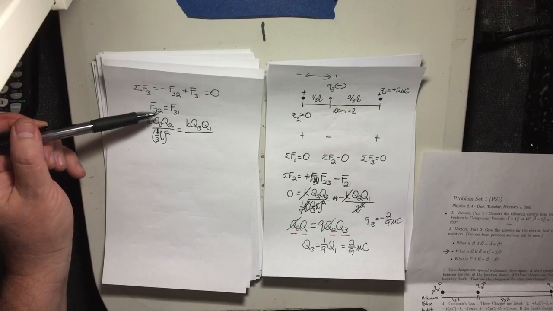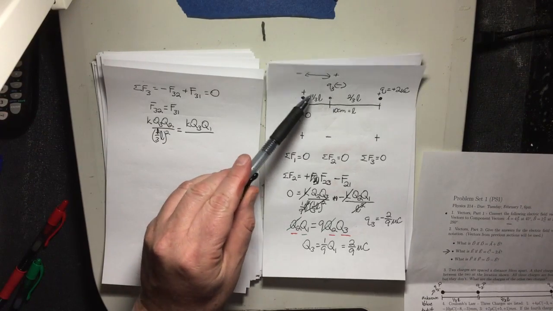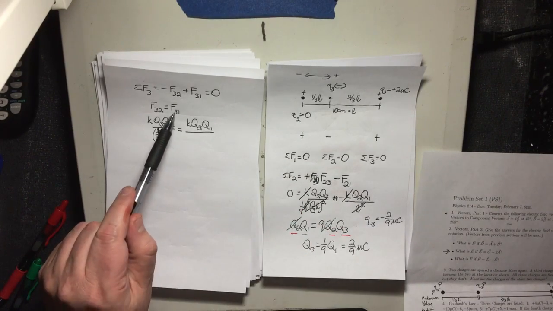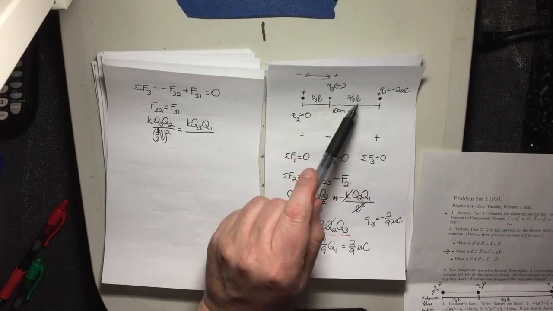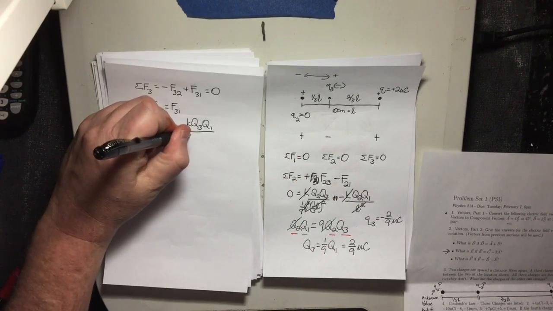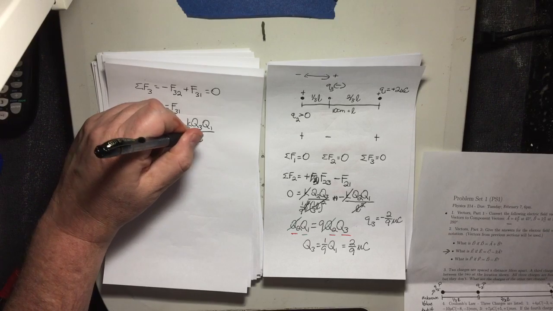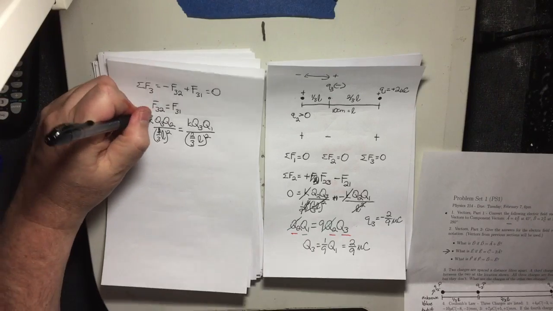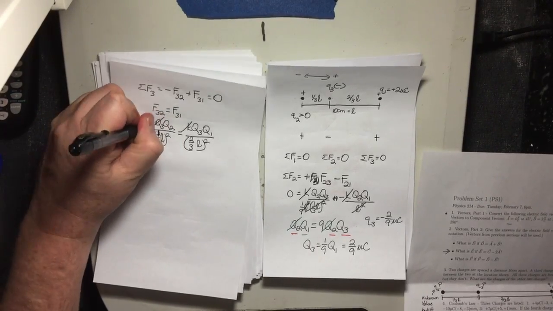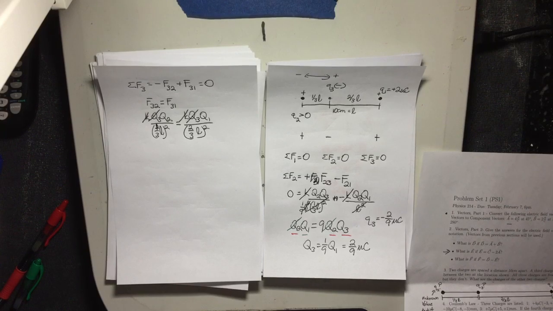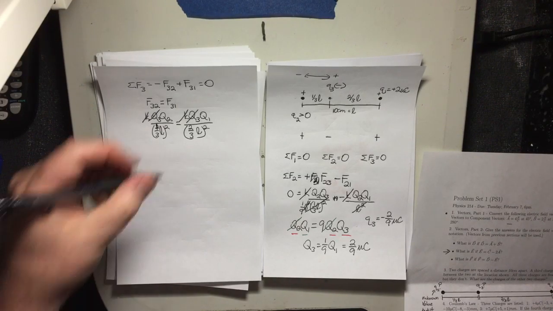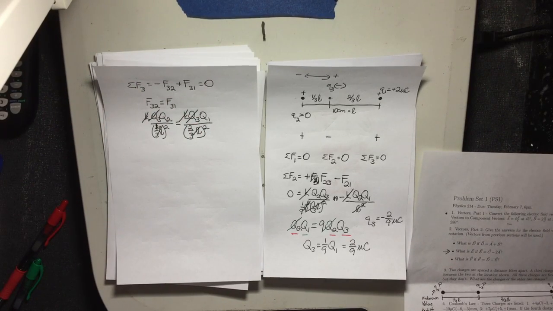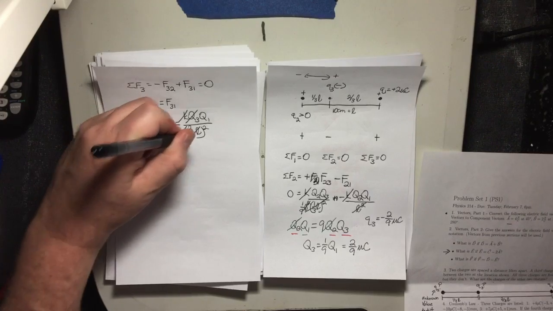So the distance from 3 to 2, there to there, is 1/3 L, so 1/3 L squared. The distance from 3 to 1, there to there, is 2/3 L, so 2/3 L squared. Now each of these has a K, each has a Q3, and each has an L squared in the denominator.